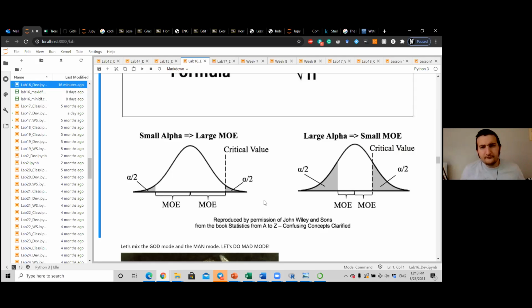So if you want to be more confident about a test, would you rather use a smaller alpha or a larger alpha? I would say larger, maybe. I don't know. So I have one answer for larger. I have no answer from the rest of you.